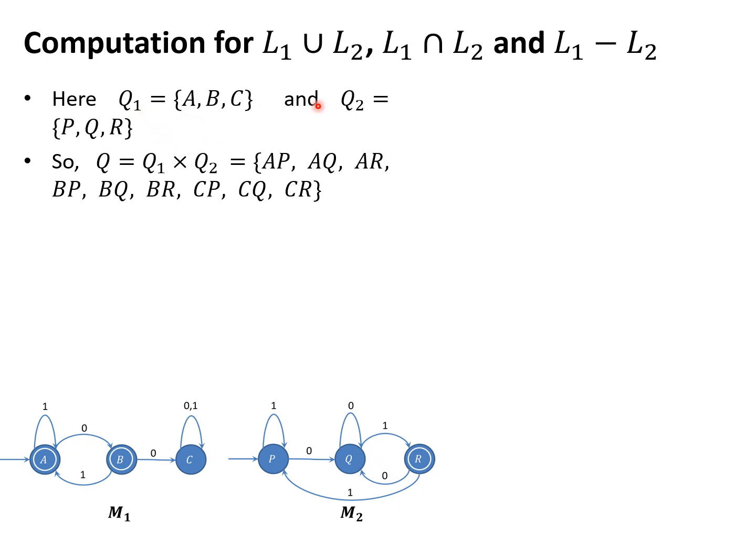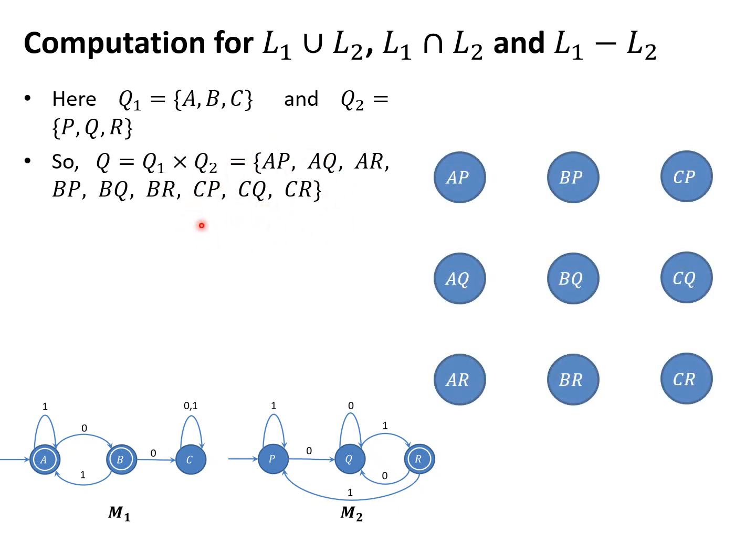If you take the cross product of these two sets of states, you will get AP, AQ, AR, BP, BQ, BR, CP, CQ, CR. Like that, you get the pairs of states. We have written all the pairs of states.